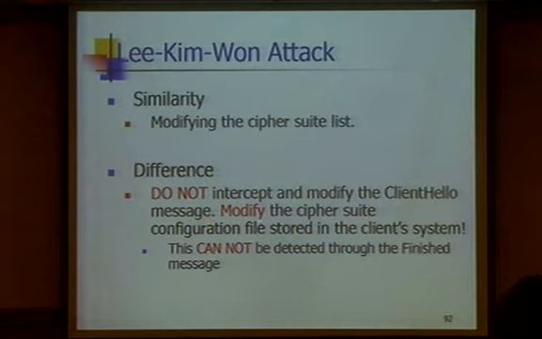Also, it does not modify the ciphersuite configuration files on the server. It just modifies the ciphersuite configuration files which are stored in the client web browser systems. So it cannot be detected by using the message authentication code and so on.